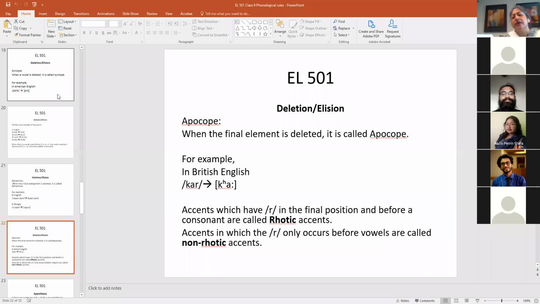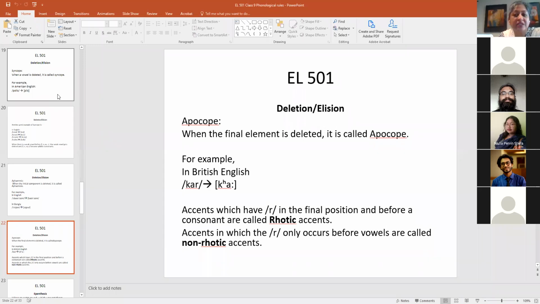The third type of deletion is apocope. In apocope, it's the final element that is deleted. It can be a consonant or a vowel as long as it is the final sound of the word. So in American English, the word C-A-R will be pronounced as car. They will pronounce the R sound.